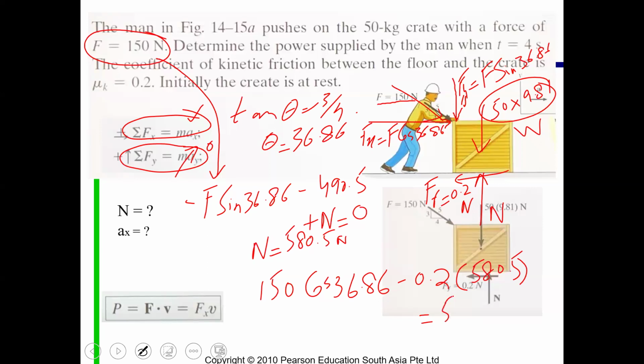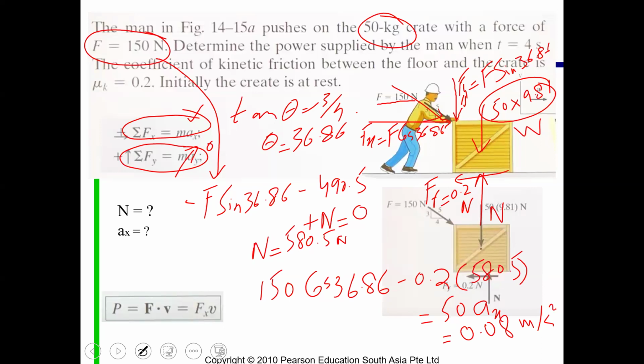M is 50, provided here, and A is ax, which we do not know. In this equation the only unknown is ax, so you will figure out the acceleration in the X direction. Can you please calculate the value of ax? 0.08 meters per second squared.